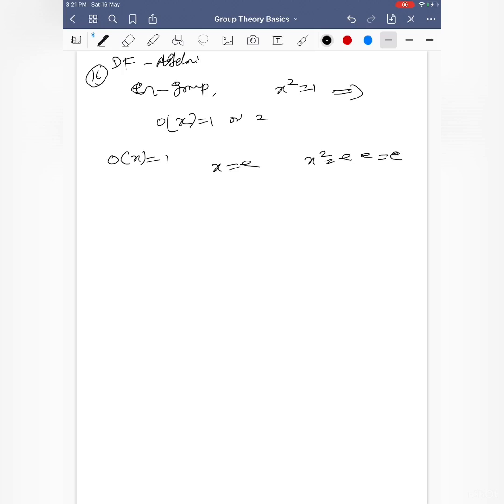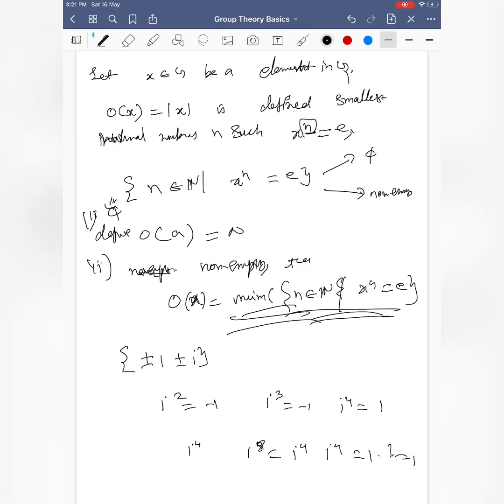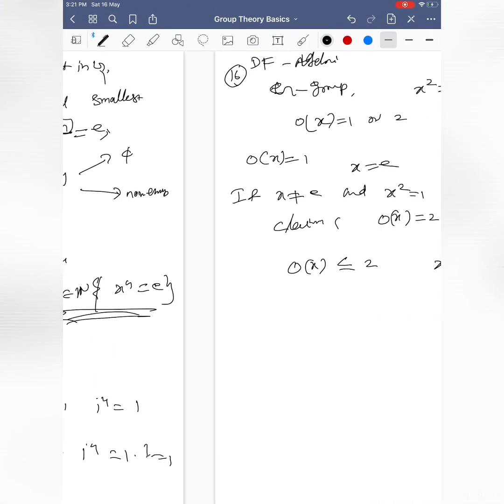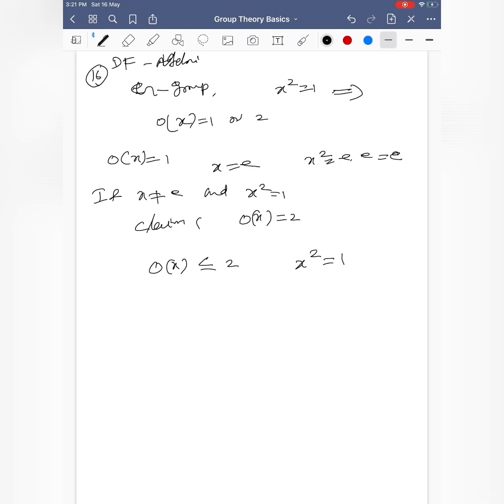So it's fine, it satisfies. I wanted to prove: if x is not identity and x power 2 equals 1, claim the order of x equals 2. Yes, certainly the order of x is less than or equal to 2, because x power 2 equals 1, and the order is the smallest number which satisfies this power condition.